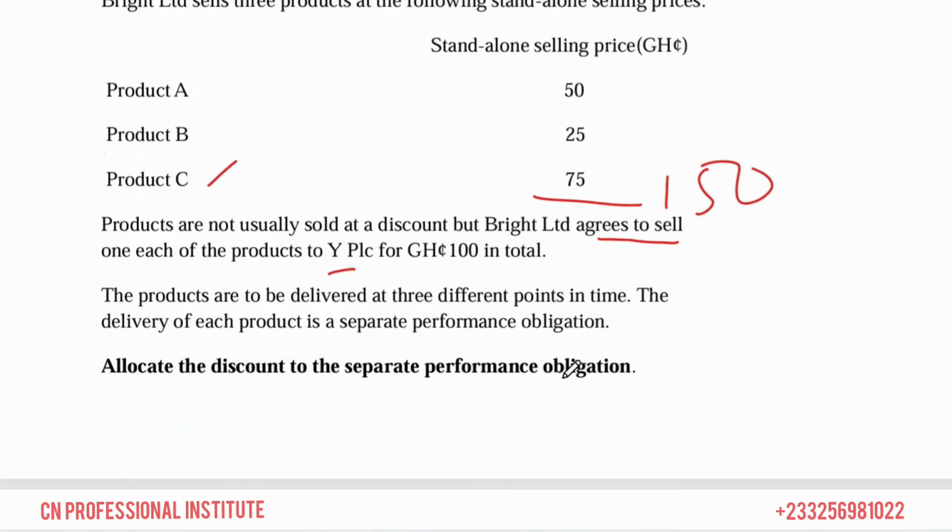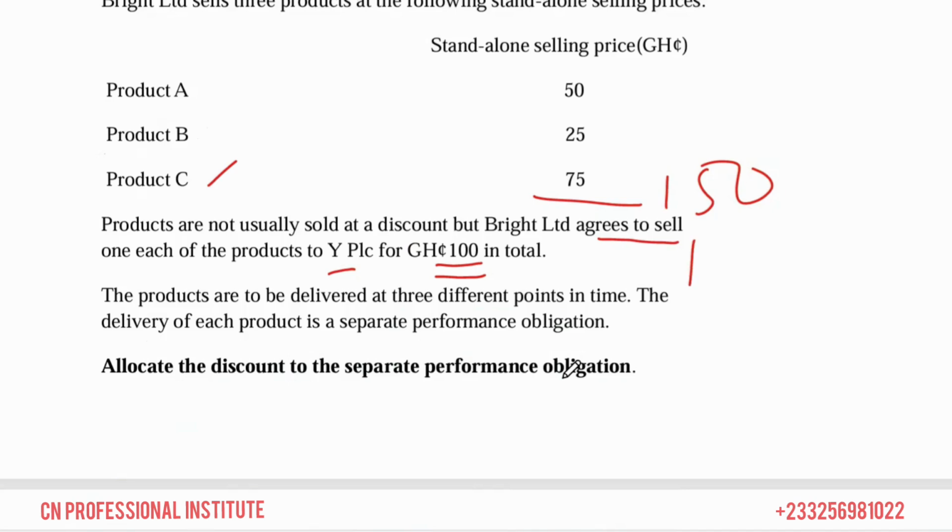So everything here sums up to 150. The sum of the 3 is 150, but we are selling it for 100 cedis. We are selling the 3 for 100.